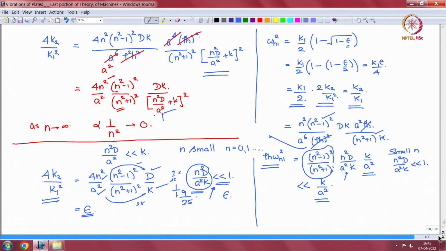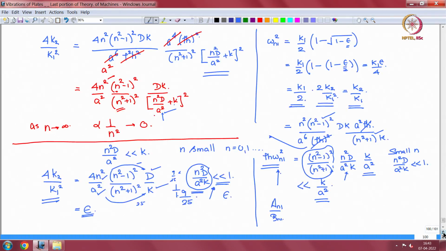Now, that gives me the magnitude of omega n1 square. Now, what about the ratio an1 to bn1?